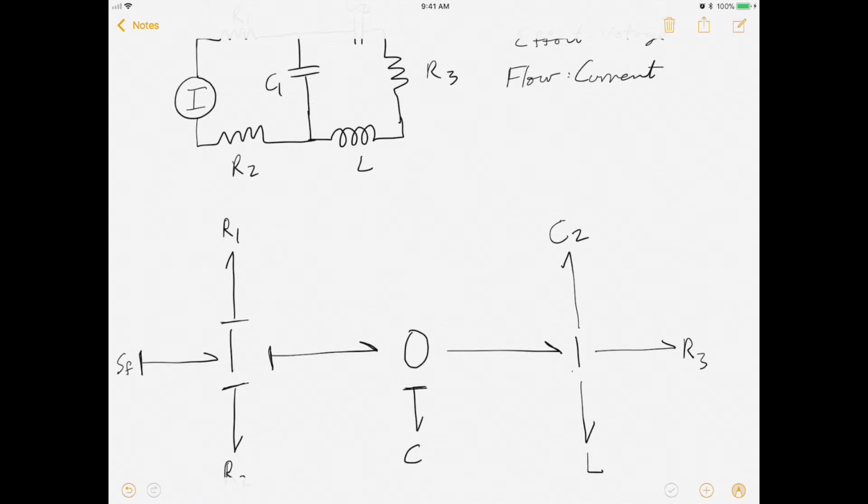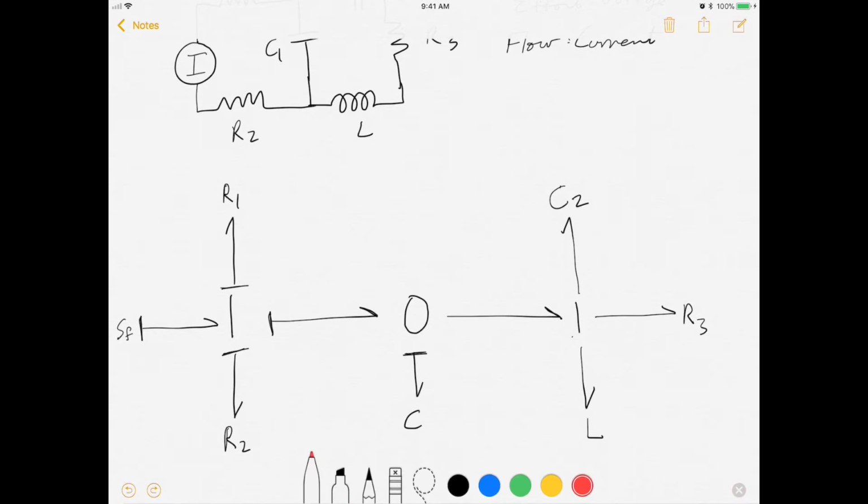This capacitor is going to be the one to have that effort marking. And that actually makes sense. But you could say, why didn't you put it here? Well, you'll see why when I go through and put the causality on the other elements. And you can actually use this as a rule of thumb.